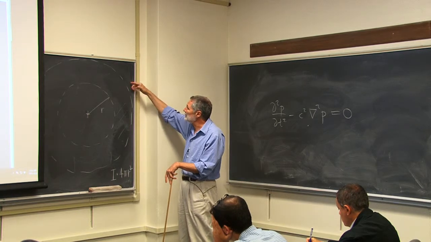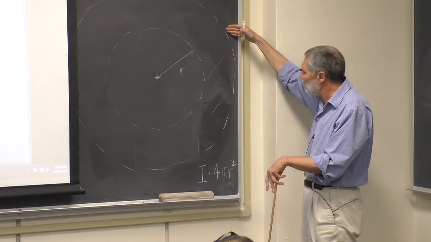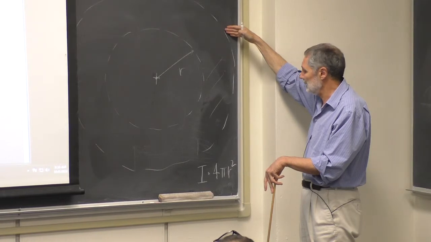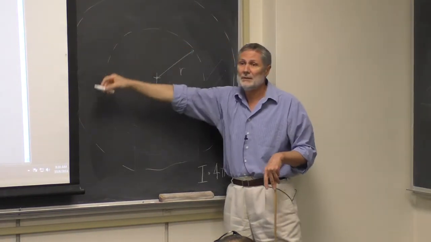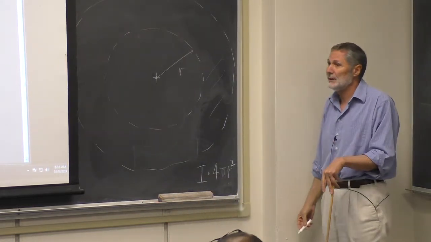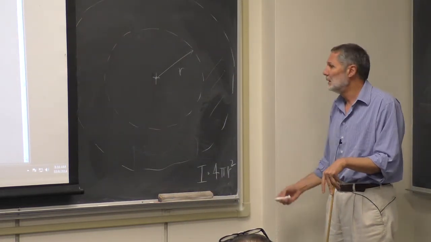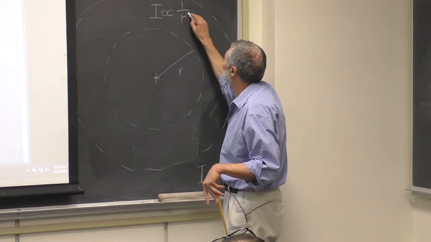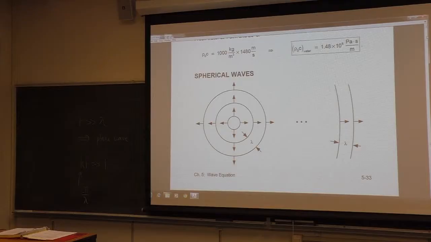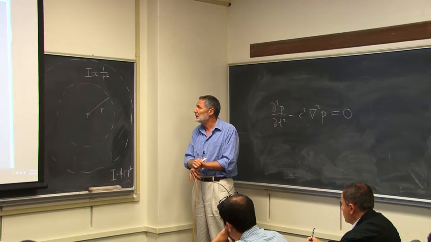If we have the same power coming out here, how is the intensity going to have to behave here? The intensity is going to have to fall off because we have greater area, right? In fact, how must the intensity fall off? It's got to be proportional to what? 1 over r squared, okay, by energy conservation.